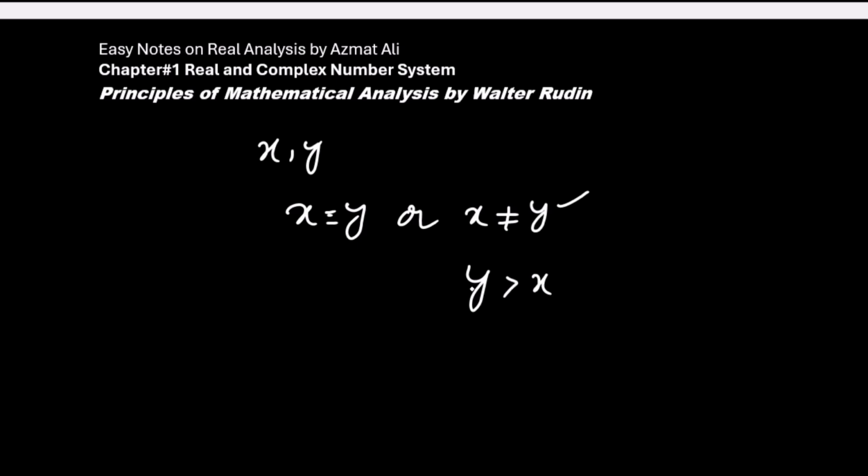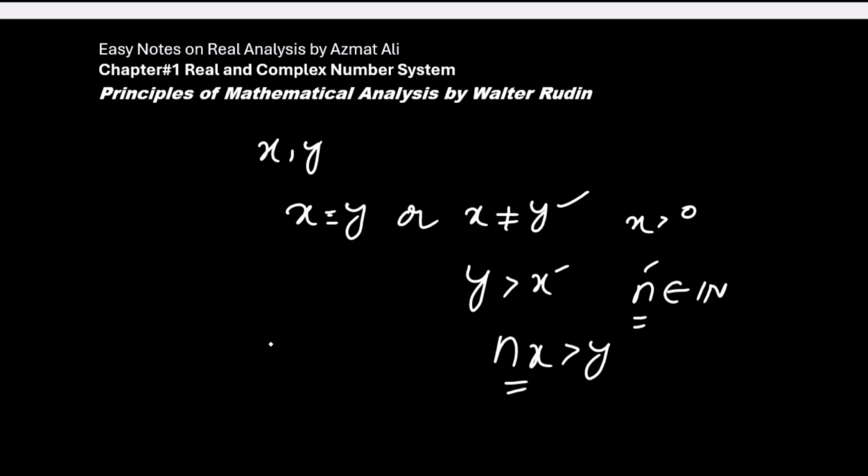No matter how large y is, I can always find a positive integer n such that when I multiply this n with the smaller number x, where x is a positive real number, I can make this product bigger than y. This is exactly what we are going to discuss in the Archimedean property.